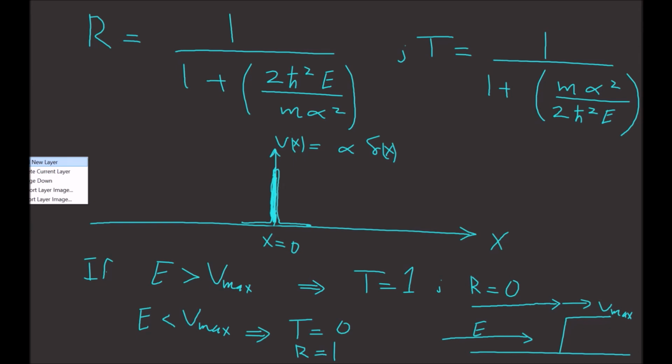However, with quantum mechanics, there's a phenomenon called tunneling. Here we have our potential function, even if the potential is infinite, as it is for the delta function. Let's say this is V max, and the energy coming from the left is greater than V max.